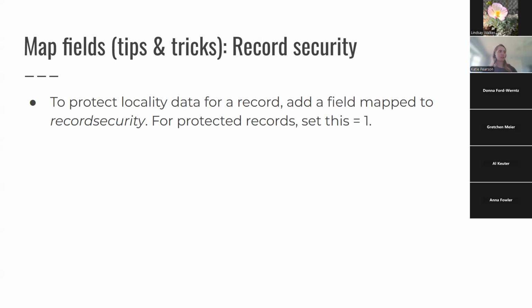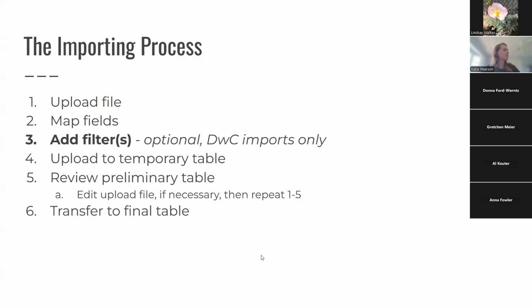So that will redact the image, the coordinates, locality, and I think collector and collector number, because then you will not be able to figure out where that specimen was collected.